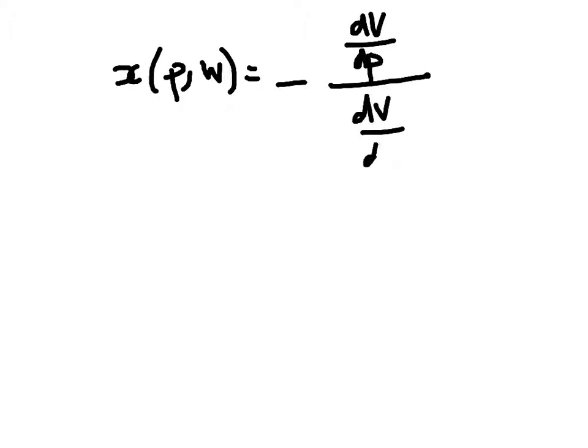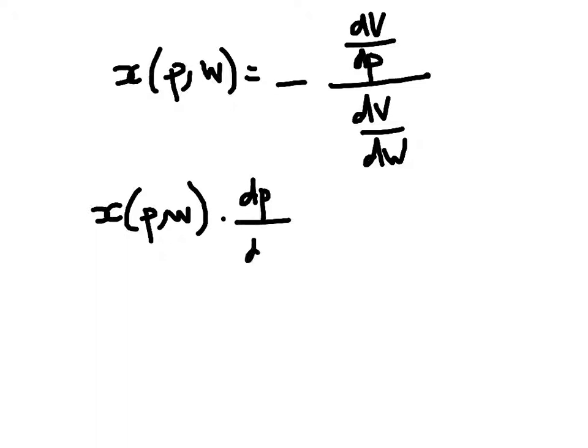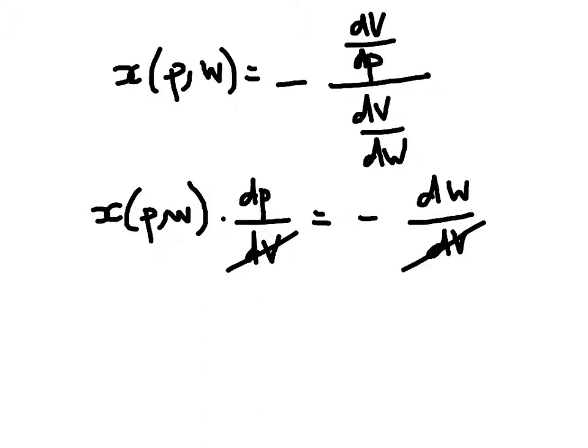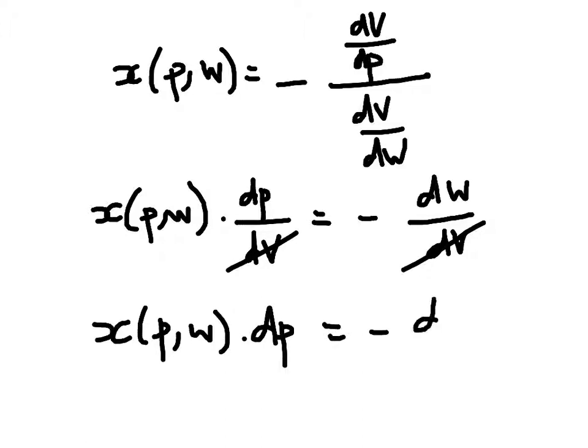There's a negative sign here, which I can rewrite, and you can now see that the dv drops out, and I can simply write the following. Now this expression, if you look at it, makes a lot of sense. What is this?